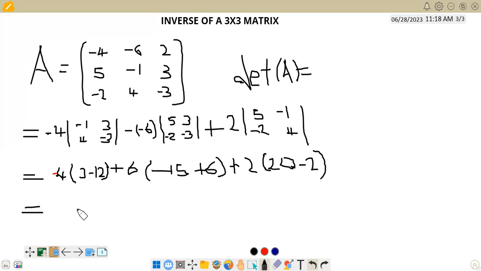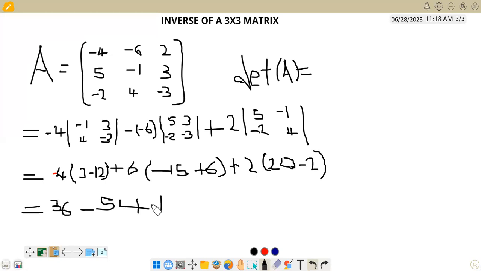So by simplifying it, negative 4 times negative 9, it will be 36. 36 minus, simplifying this inside times 6, it will be 54. So it will be 54.